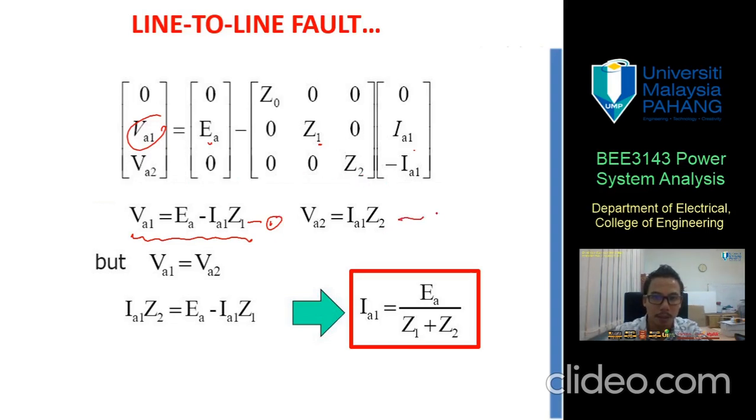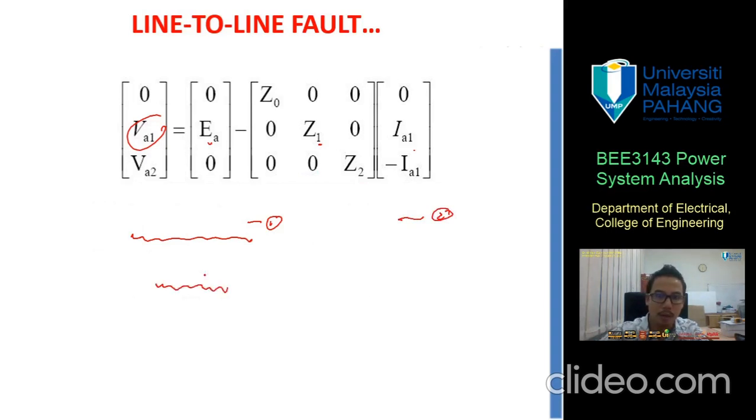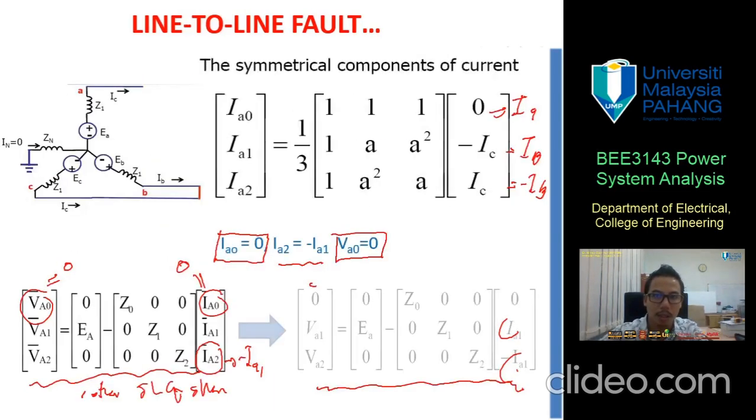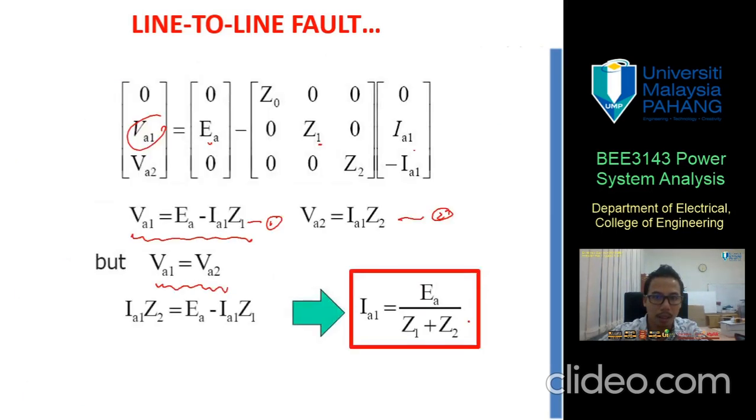So you get the second equation here. Then, because like I told you, VA1 equals VA2, our first agreement, you solve the problem, and finally you get IA1 equals EA over Z1 plus Z2.